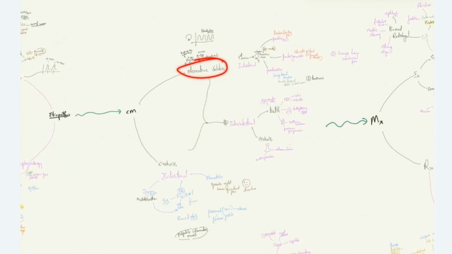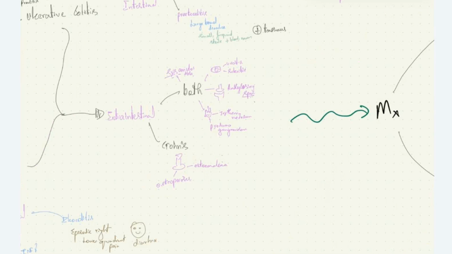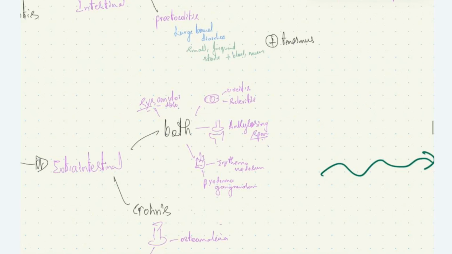Let's see the extraintestinal manifestations in ulcerative colitis and Crohn's disease. We can divide them into those seen in both diseases and those seen only in Crohn's disease. Seen in both diseases are systemic amyloidosis, eye manifestations like uveitis and scleritis, and involving joints, ankylosing spondylitis and sacroiliitis.